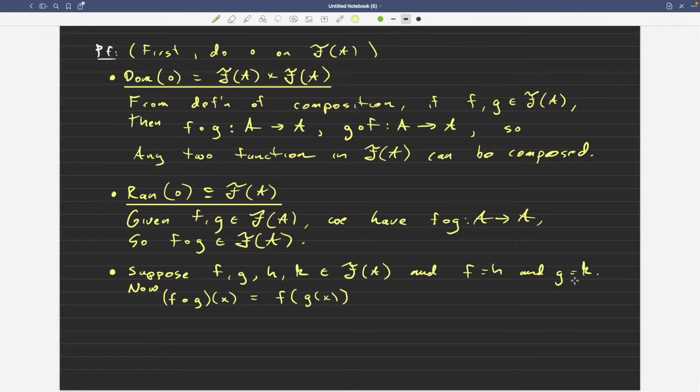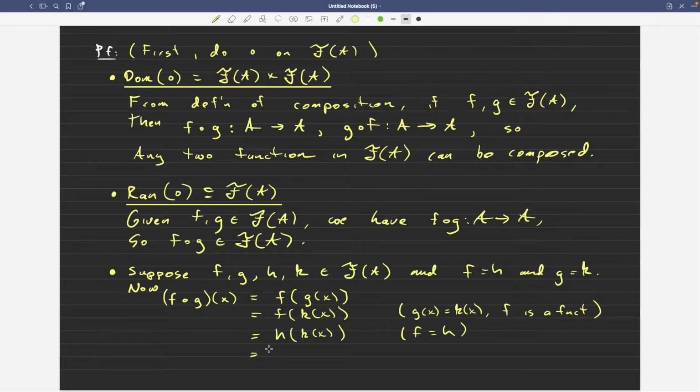But g is equal to k, so that means g of x is equal to k of x. So this is equal to f of k of x, because g of x equals k of x, and f is a function, so it has the property that equal inputs give equal outputs. And then this is the same as h of k of x, and this is because f equals h. So if two functions are equal, they produce the same outputs when given the same input. And then this is just another way to say h composed with k of x.